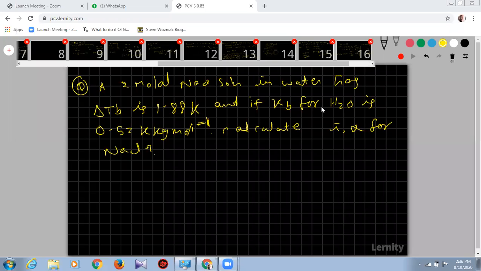Someone telling i is equal to 1.8, alpha is equal to 0.8. Yes, alpha is equal to 0.8, correct. Someone telling i is 1.8. Yes, very good. So you can do with the alpha also.